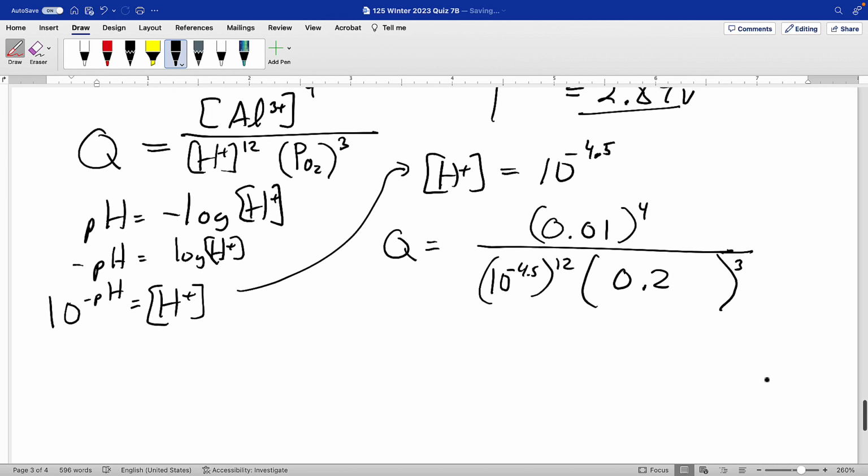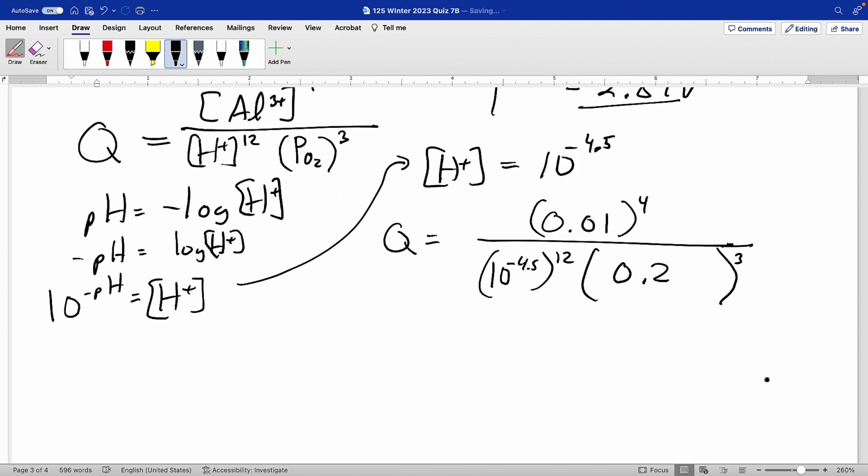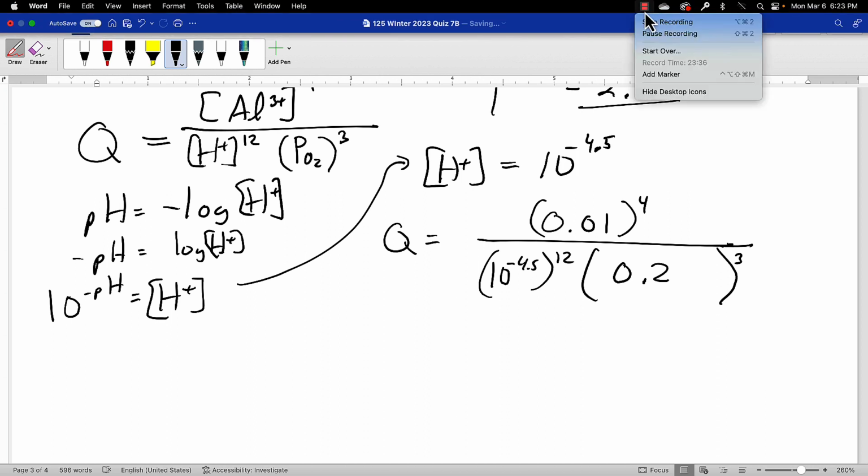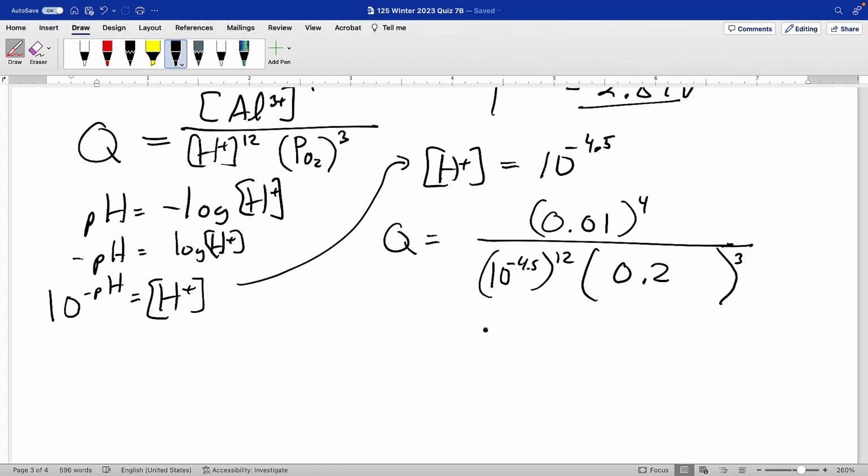All right, we plug all that in, and we get 1.08 times 10 to the 48th as Q. Now we can plug in all the pieces.